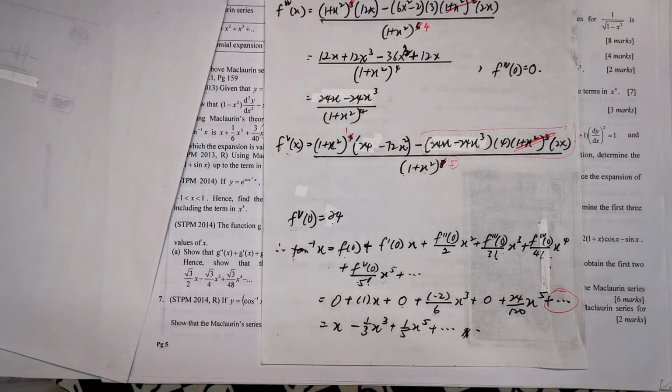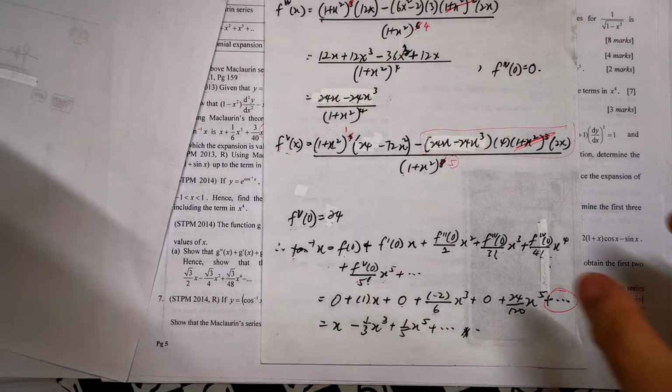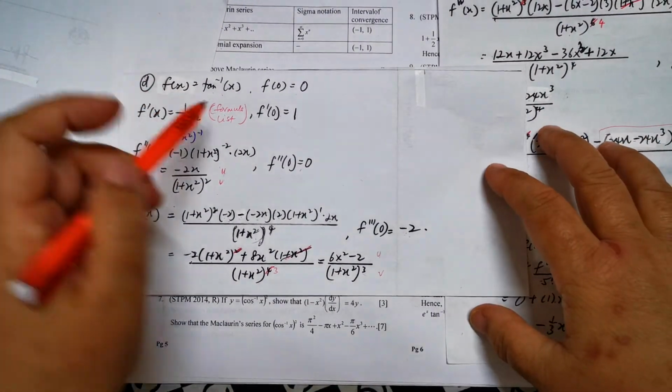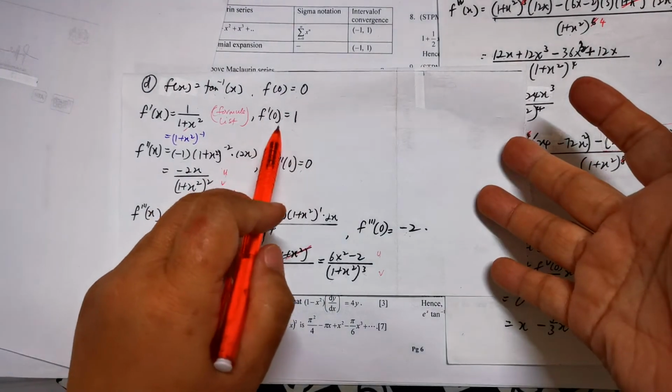Alright? So just now we discussed and we got the first three actually. So maybe you will ask, if a question like this comes up in the exam and we didn't discuss it, how do I know when to stop, right? Yeah, very simple. Remember? Just now we already calculated here. f(0) is already 0, so you have no term. f prime 0 is 1.